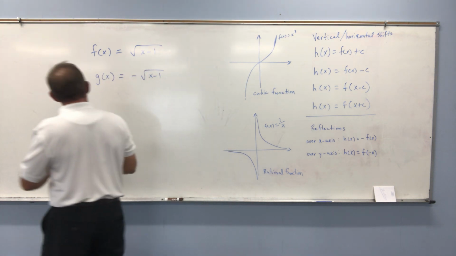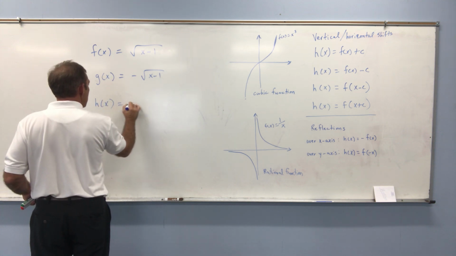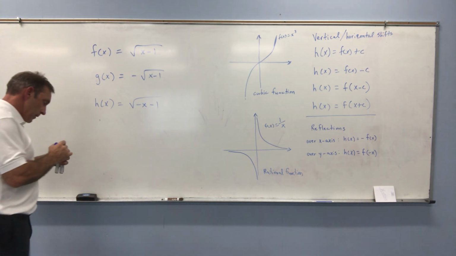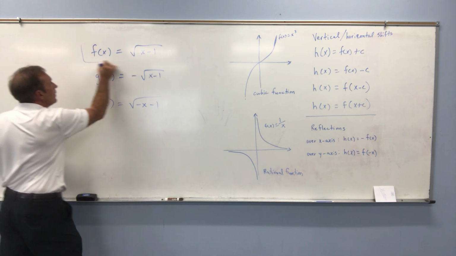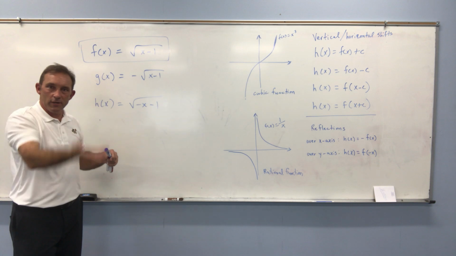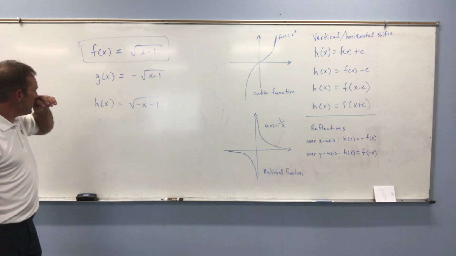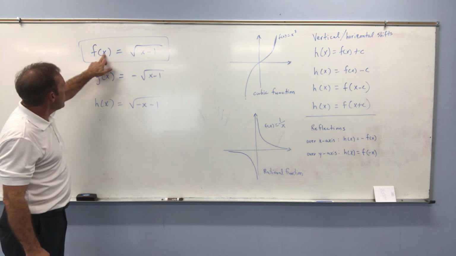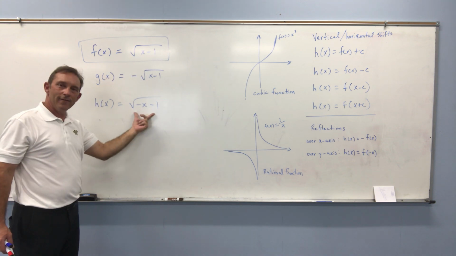And let's also consider h of x, which is the square root of negative x minus 1. We'll see what's going to happen, and we're comparing with f of x here. This is the one we're comparing to. We saw what happened with g of x, reflection over the x-axis. What's going to happen here? Well, if you think about it, if you were to input a negative x here, you would get the square root of negative x minus 1, which is what we have here.